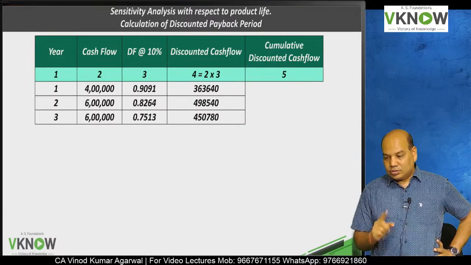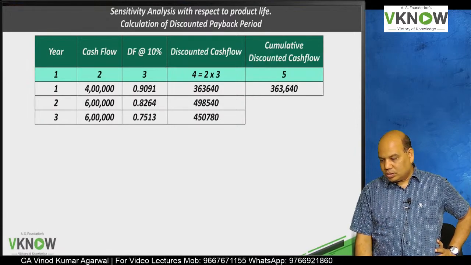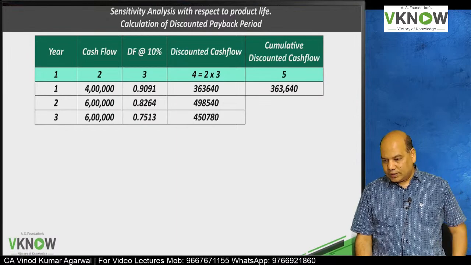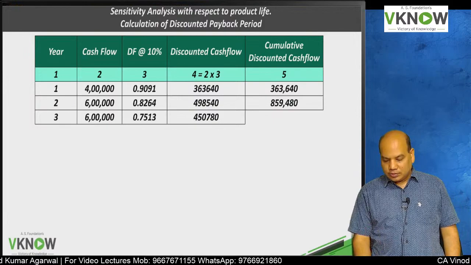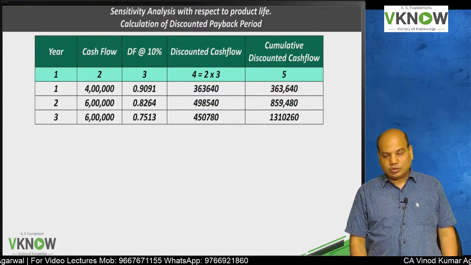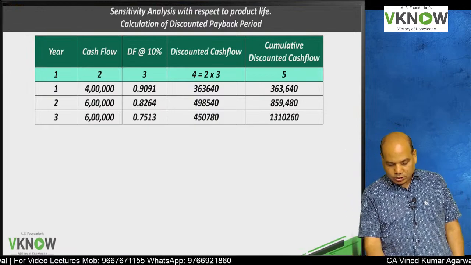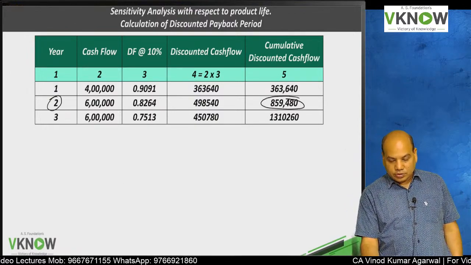And now compute the cumulative cash flow. 363 640, 859 480, 1310260. In year 2 you can recover this amount.